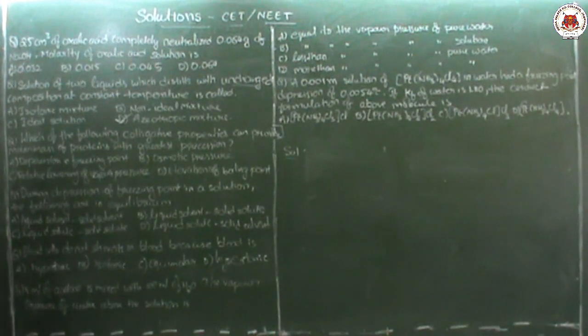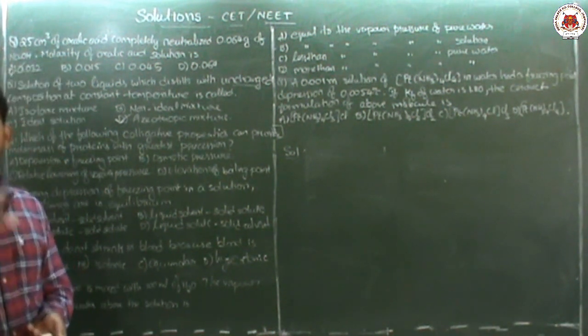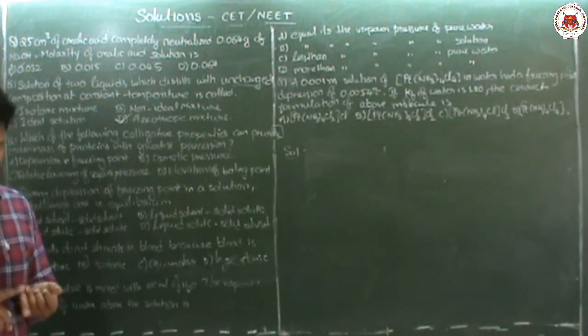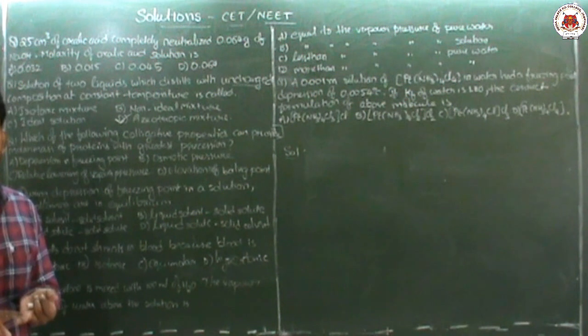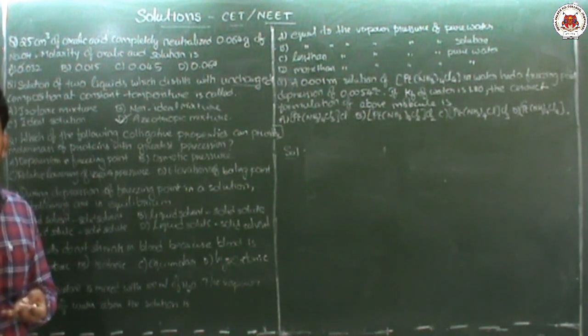That is that. Next question: which of the following colligative properties can provide the molar mass of proteins with greatest precision? Generally, molar mass is calculated from colligative properties, whether it may be elevation of the boiling point, depression of the freezing point, relative lowering of vapor pressure, or osmotic pressure. Four are there.